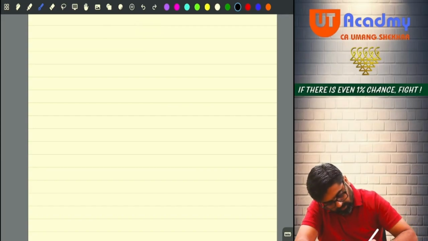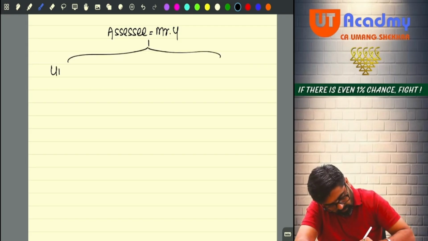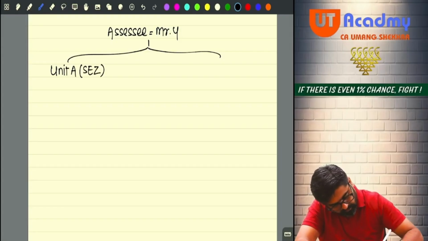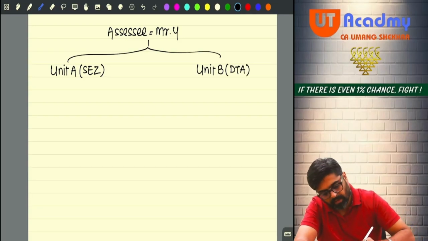What is the name of assessee? Mr. Y, no? Mr. Y is doing two businesses. One is unit A, that is in SEZ. Another one is unit B, that is in DTA, domestic tariff area.